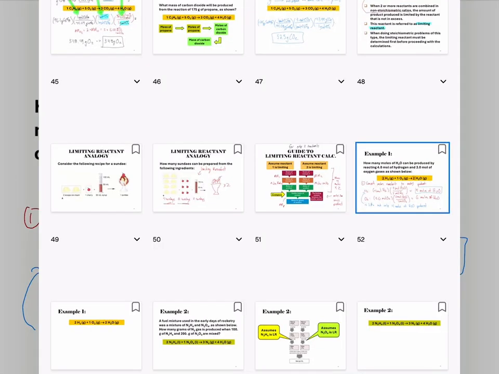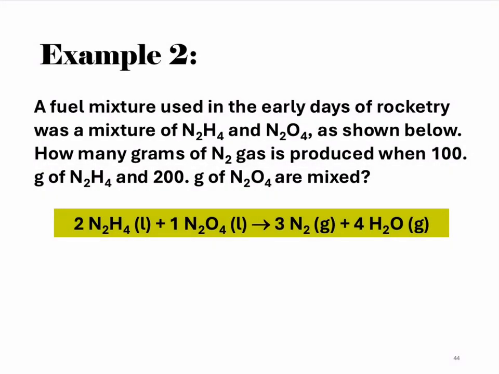All right. So here we have a more complicated example. We have a fuel mixture that's used in early days of jet fuel and rocket fuel. And we want to know how many grams of nitrogen gas is produced when 100 grams of dinitrogen tetrahydride and nitrous oxide are mixed together.